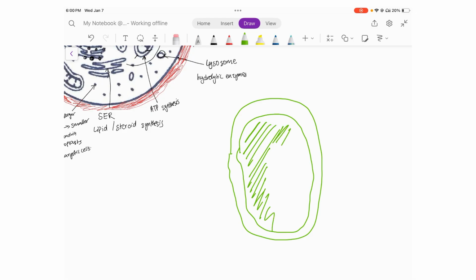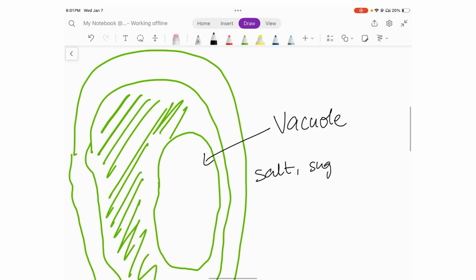There is a sac-like structure in plant cells that is large and covers a lot of the space in a plant cell. This structure is known as a vacuole. A vacuole is a sac that contains a mixture of salt, sugars, and pigments, and in some cases, toxins as well.